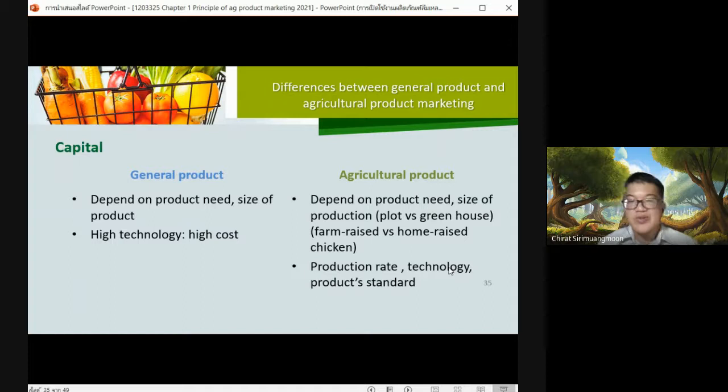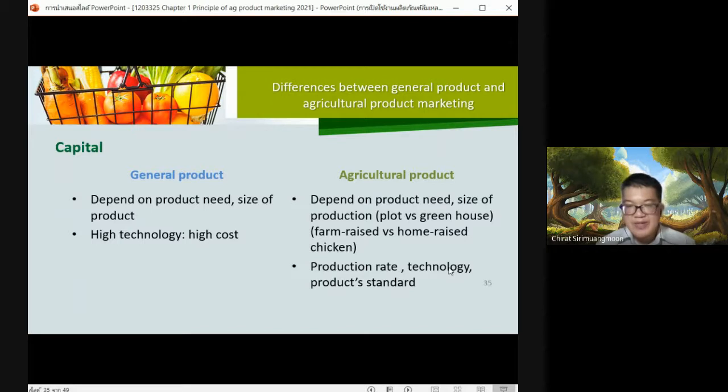Think about agricultural products. It depends on the product needs as well, but normally they will be concerned about how much of the raw materials, not just the finished product like general products. And the size of production is different too.